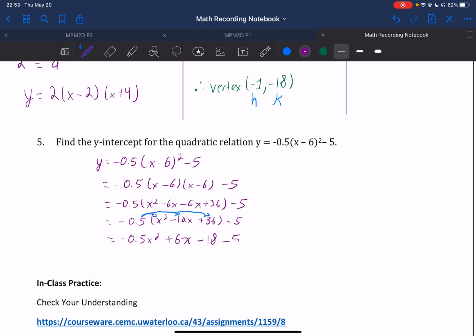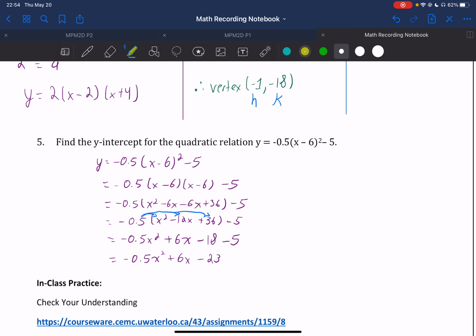And we still subtract the 5. And let's bring the last part together. -0.5x squared plus 6x. -18 minus 5 gives us -23.